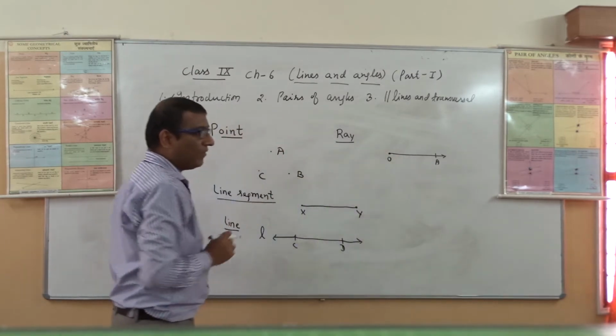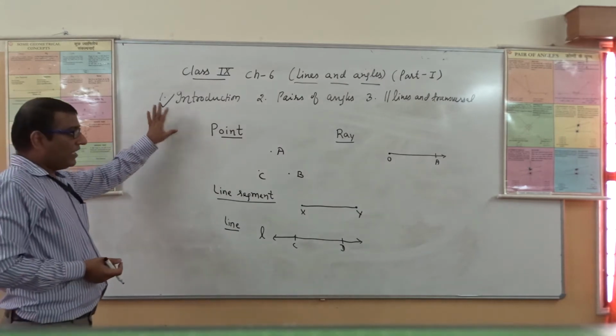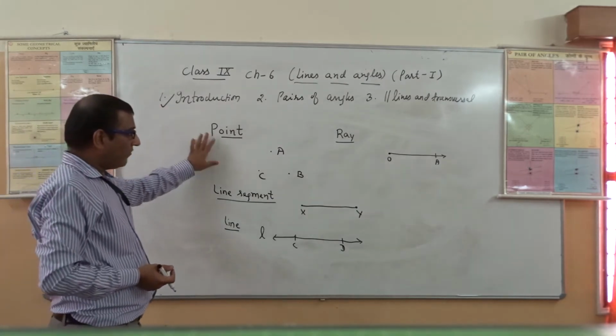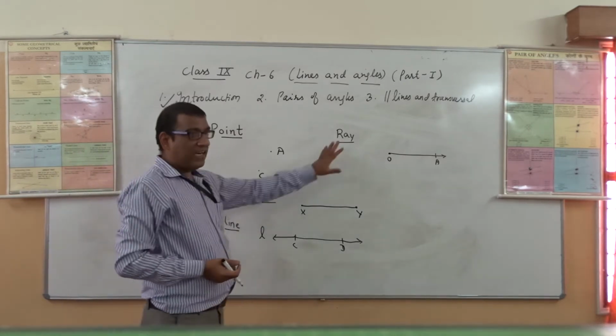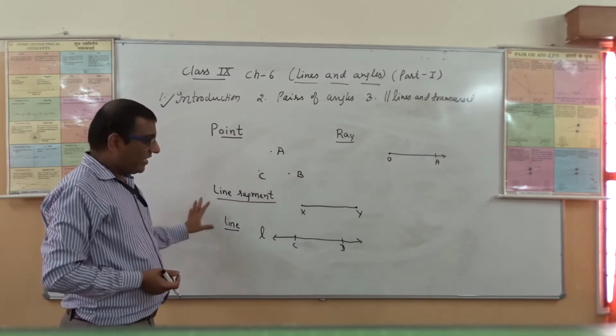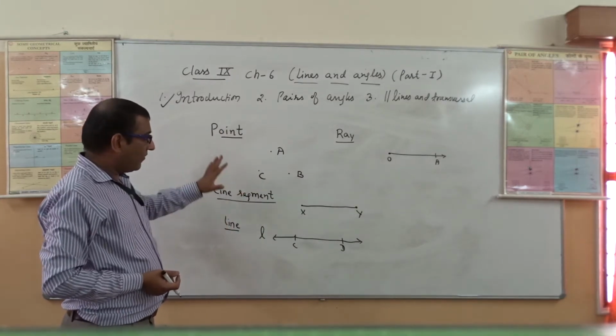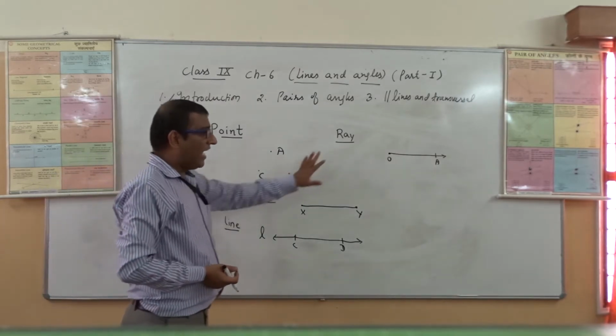So this is the diagram related with ray. In this introduction part, I wanted to tell you the difference between point, line segment, line and ray, and I hope with the help of these diagrams it is very clear to you.